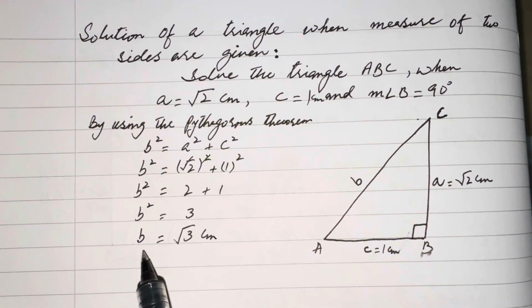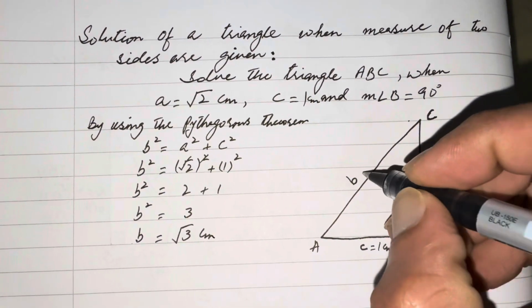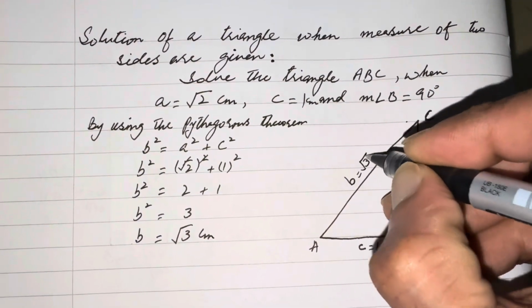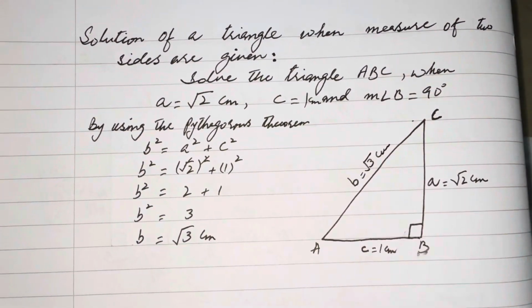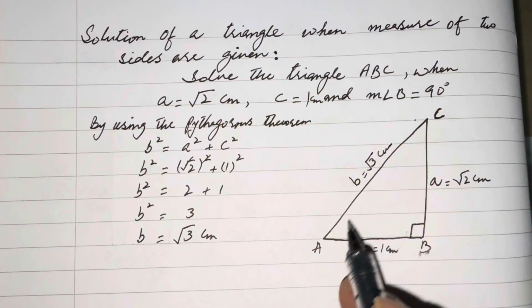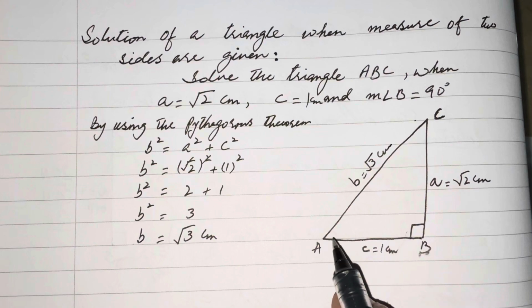That's how we can find the length of b, which is equal to √3 centimeter. Now we have to find the two angles.